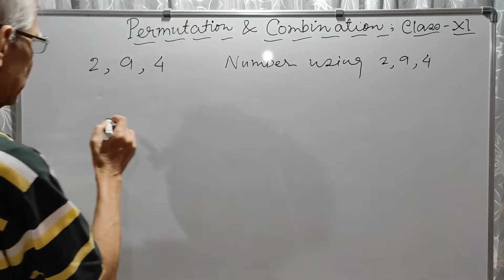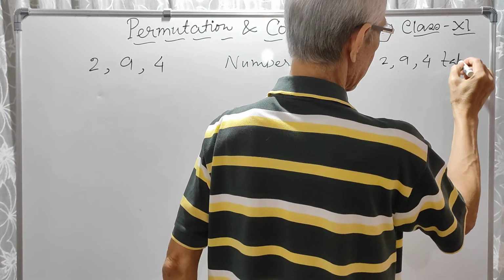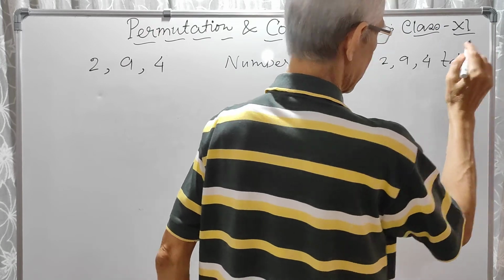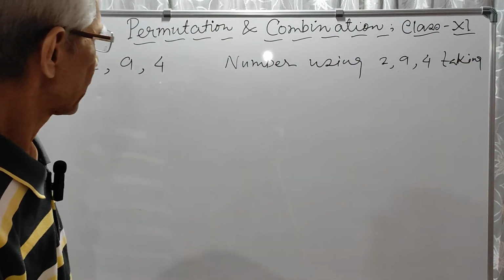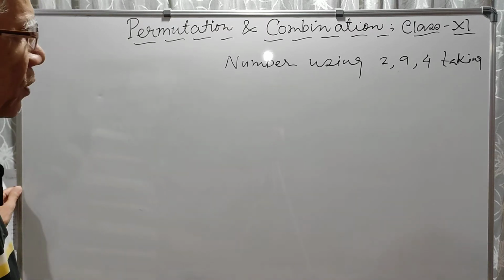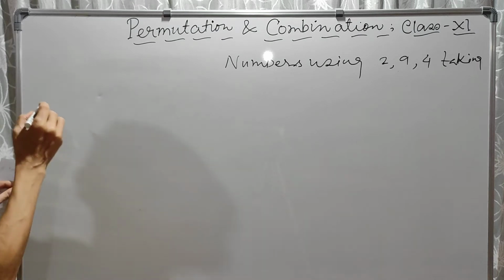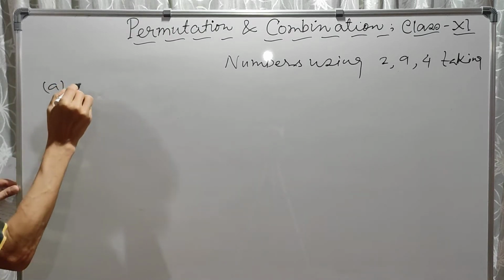So let us find the numbers using these 3 digits, taking at first 1 digit at a time.